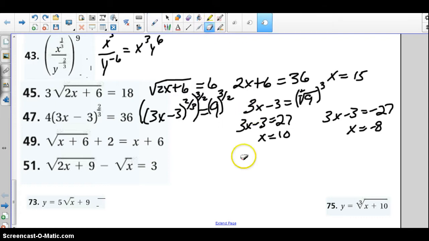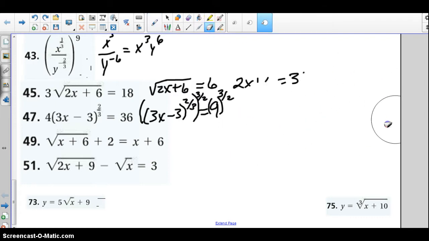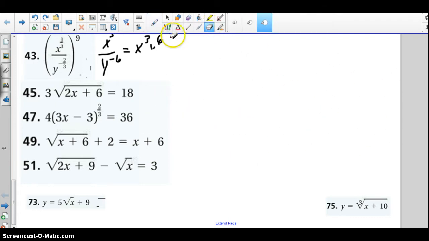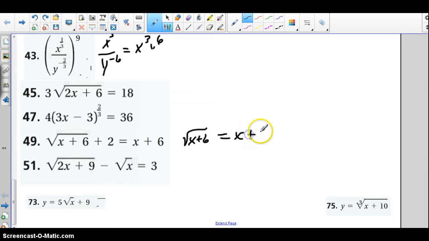I'm going to clear this up here. X plus 6 equals x plus 4. We're going to subtract 2 from both sides, and then we're going to have to square both sides to go ahead and get rid of that radical.